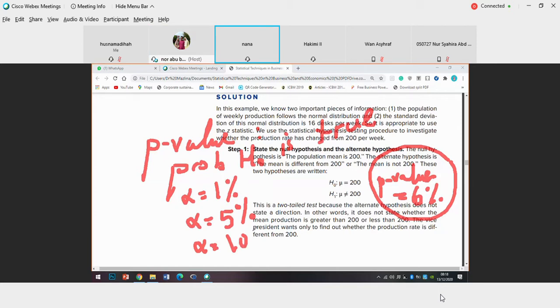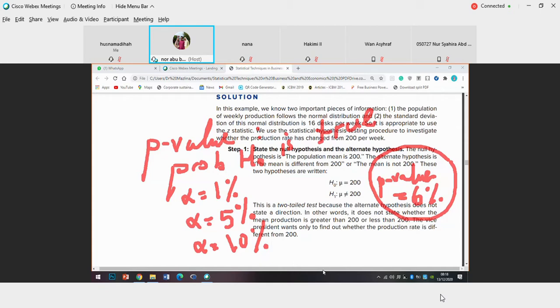Yeah, very good. Jadi kalau 6% ni berbanding dengan 1%, 5% dengan 10%, value dia agak tinggi kan? Okay. Agak tinggi. Ya, agak tinggi. Okay, very good. Okay, thank you Hakimi.